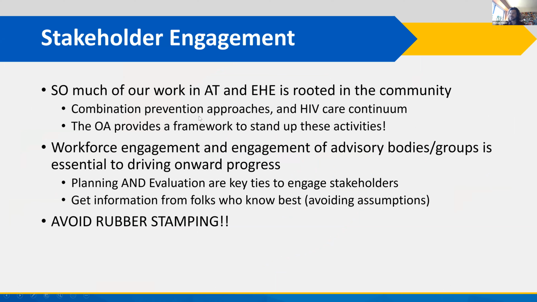So we had that list a couple of slides ago in terms of the ways where the OA really aligns itself closely or neatly with Achieving Together. So, stakeholder engagement. Well, so much of our work, by definition, when it comes to Achieving Together and EHE is rooted in the community.